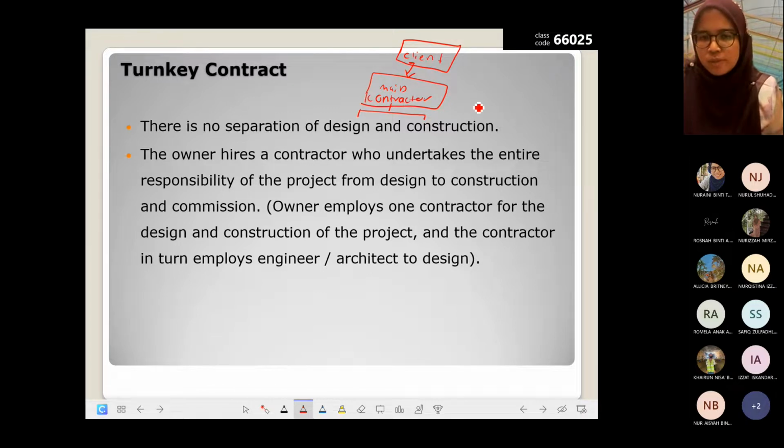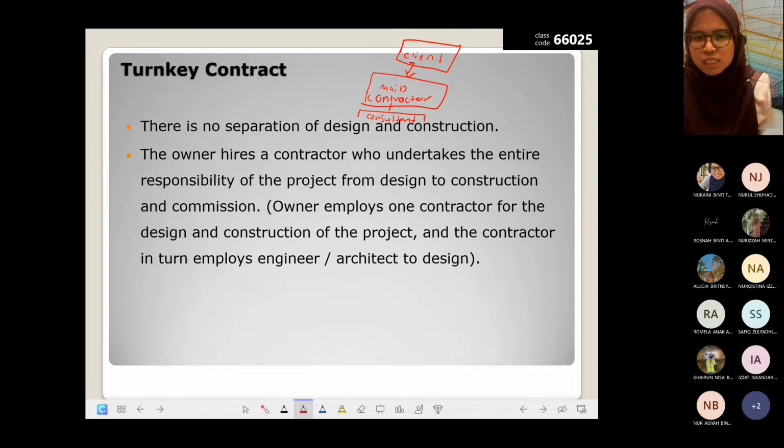So dia beritahu main con dia nak buat projek apa, nak design macam mana. And then main con akan cari dia punya consultant. Consultant ni kat bawah main con lah. So consultant is under the main contractor punya control. And then consultant kena provide the design, specification semua through the main con. Dan main con rasa okay, tak mahal sangat ke ataupun dia takkan rugi ke, something like that kan. Then baru dia propose to the client.